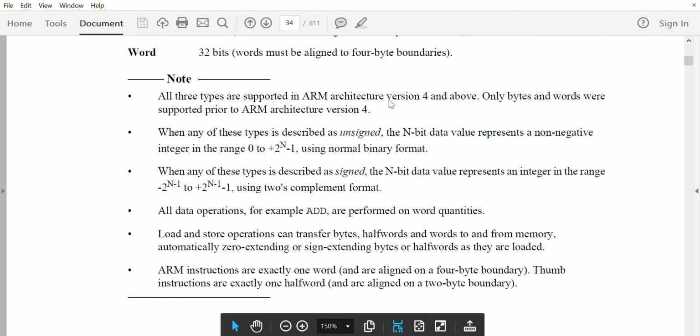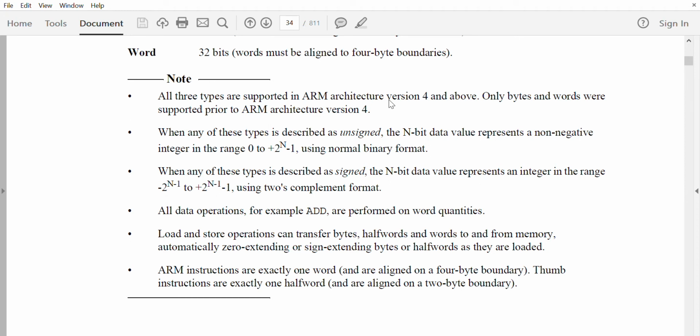What you need to know is ARM7 supports all three data types. Only bytes and words were used before version 4. The half word came into play only in version 4 and later.